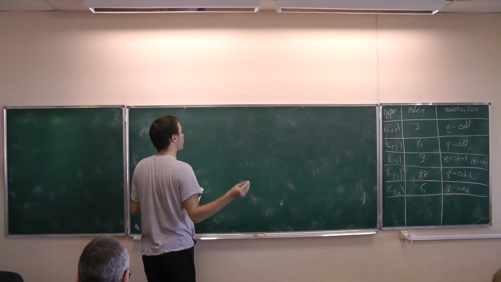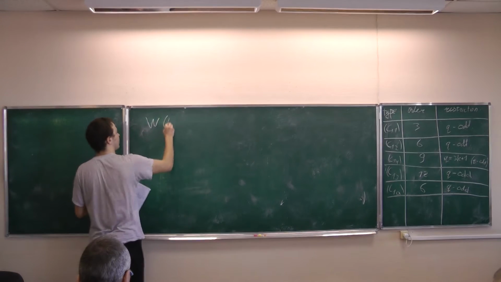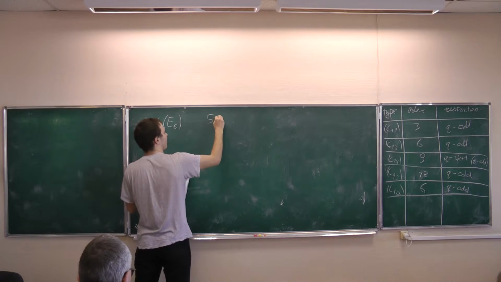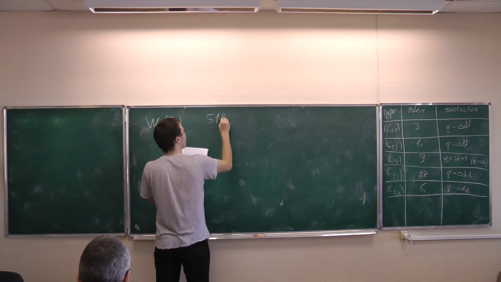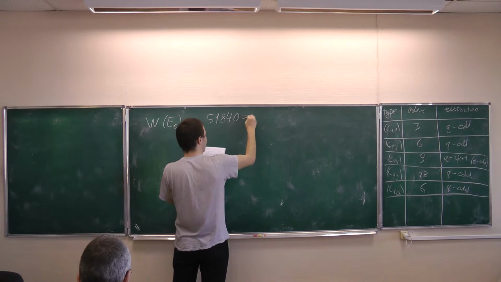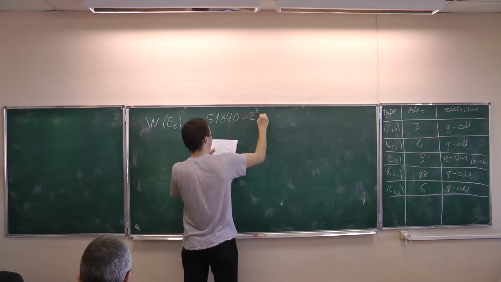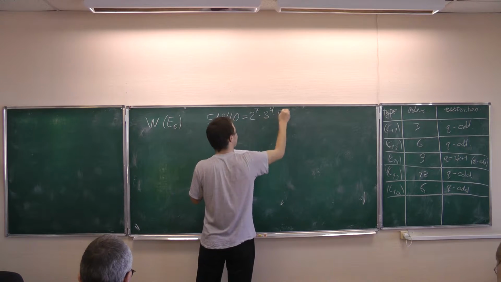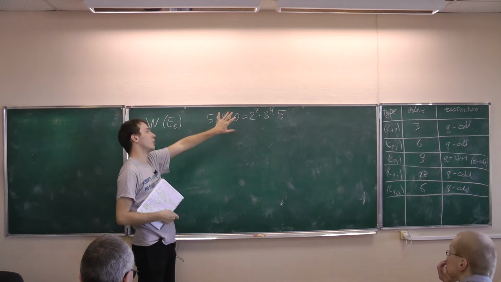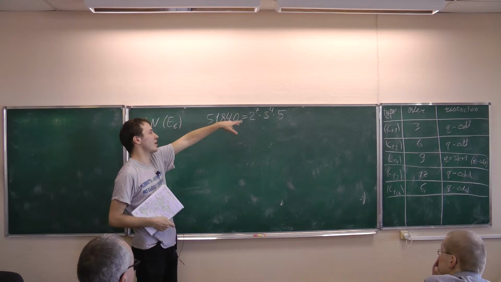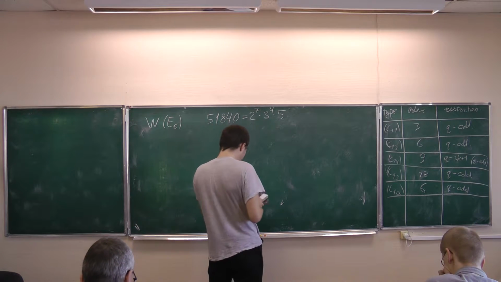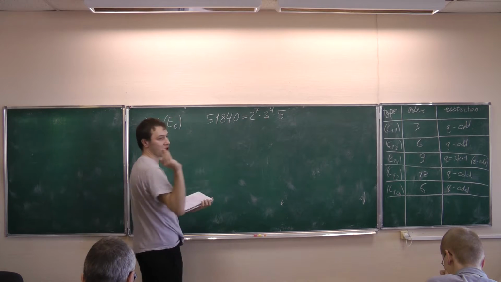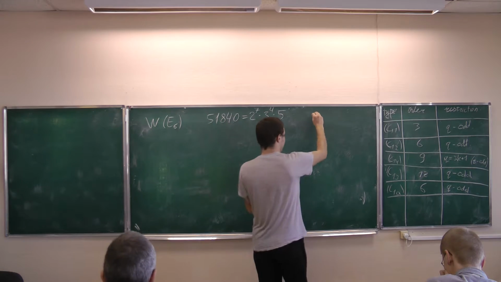So consider the Weyl group W(E6). Its order is 51,840. That's the same as 2 to the 7th, 3 to the 4th, and 5. I think it's the third time this comes up on this blackboard. What do we have? We have 27 lines on the cubic surface.